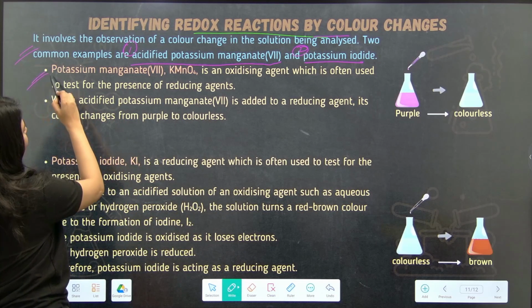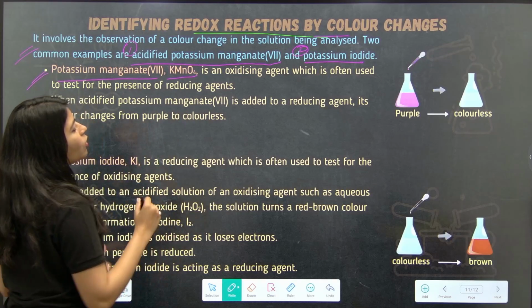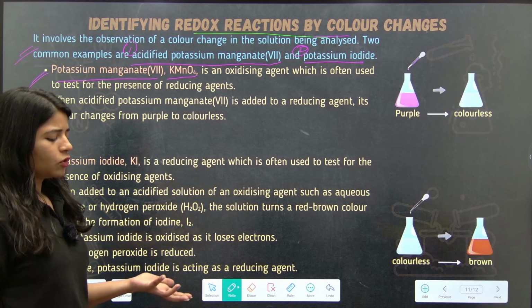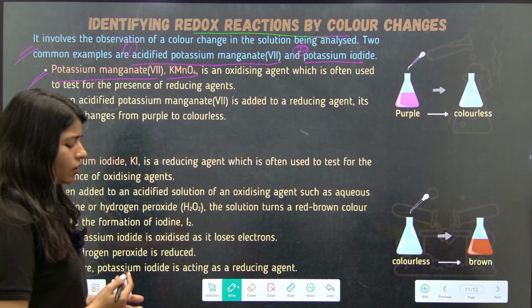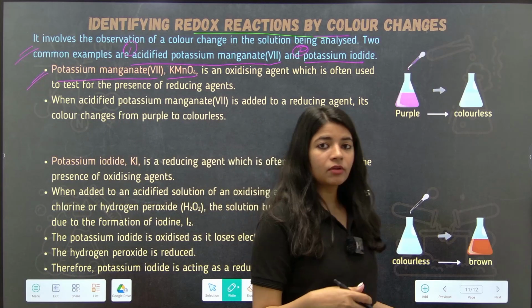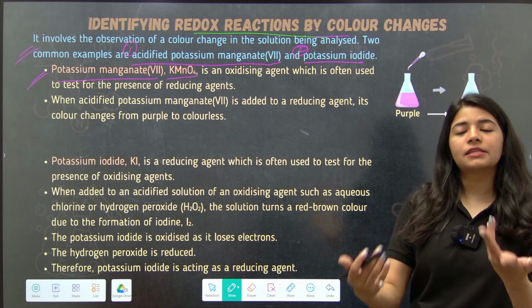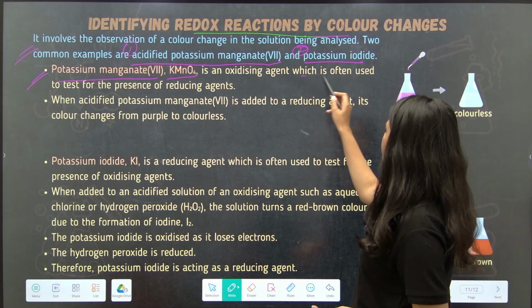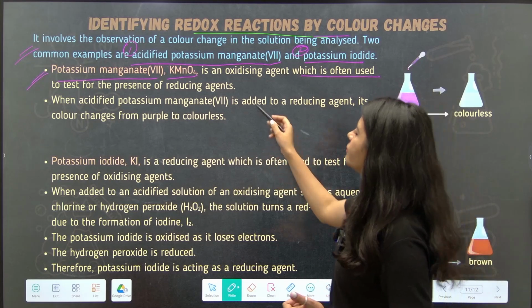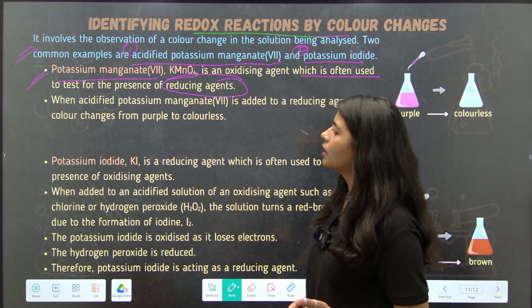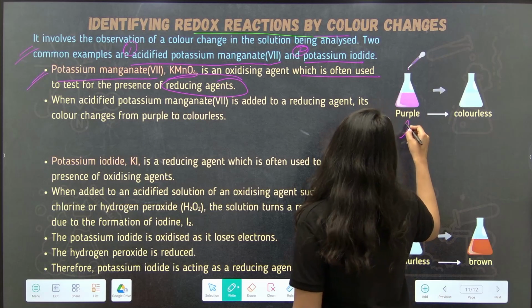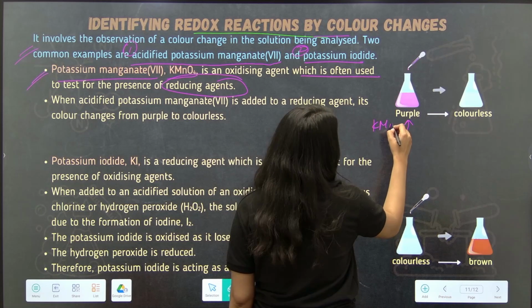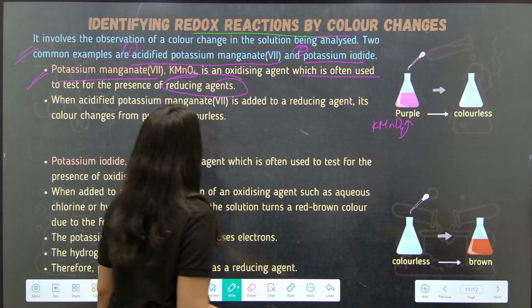First is potassium manganate 7, KMnO4, which is an oxidizing agent. So we should know that it is an oxidizing agent. An oxidizing agent is the one which itself gets reduced and it oxidizes the other element, which is often used to test the presence of a reducing agent. Now what do we do? We have this purple colored KMnO4.